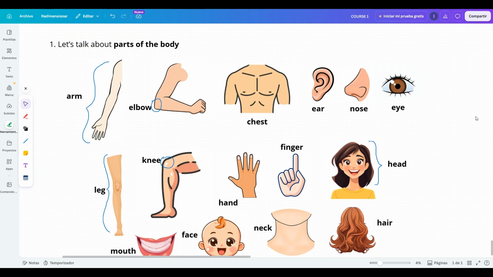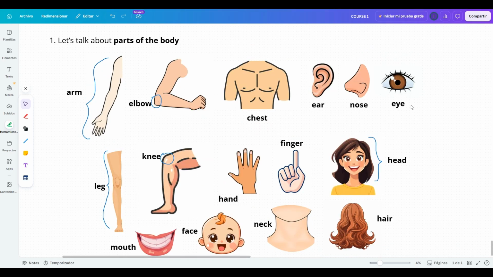This vocabulary is very common, very important when describing people's appearance, right? We've got an arm, an elbow, chest, ear, nose, eye, leg, knee, hand, finger, head, mouth, face, neck, and hair.